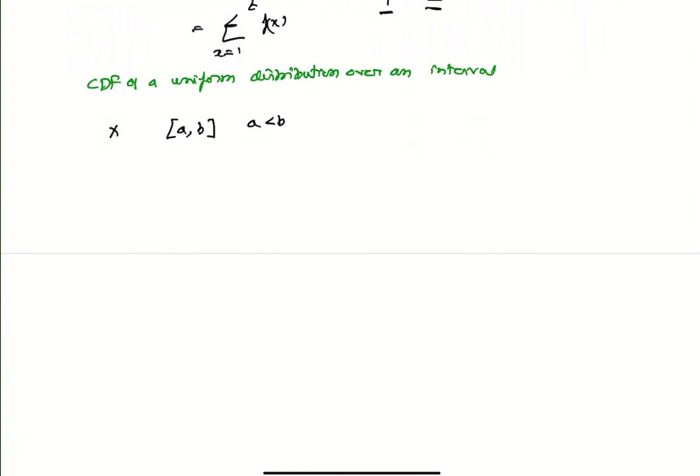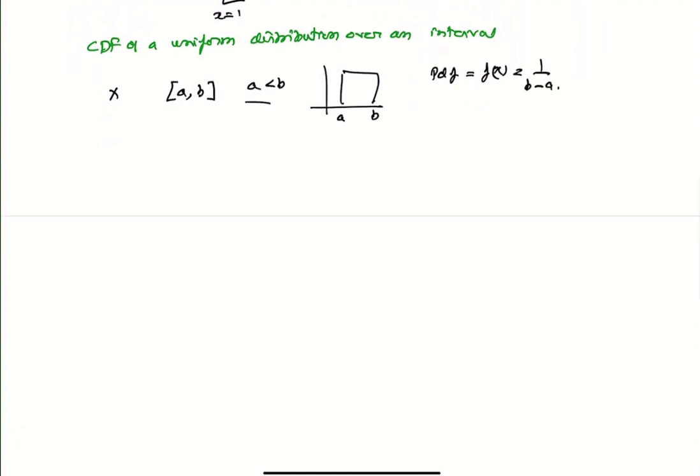So the PDF of such a uniform distribution, if it's b here and a here, is going to be given by PDF f of x is going to be 1 upon b minus a. Now why is this so? The area is always going to be 1, right?